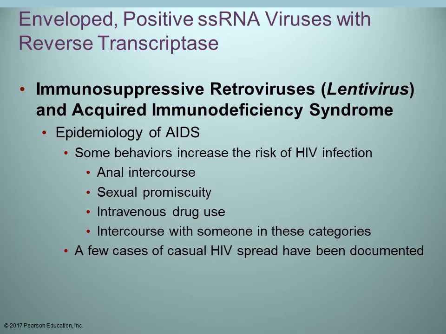Some behaviors increase the risk for HIV infection: anal intercourse, sexual promiscuity, IV drug use, or if you have intercourse with someone who fits into any one of those previous three categories.